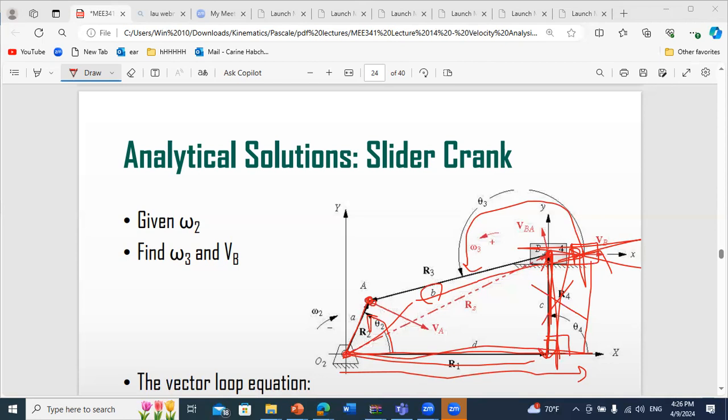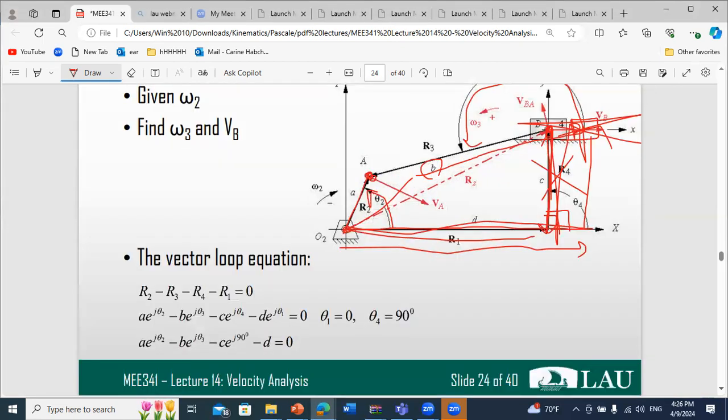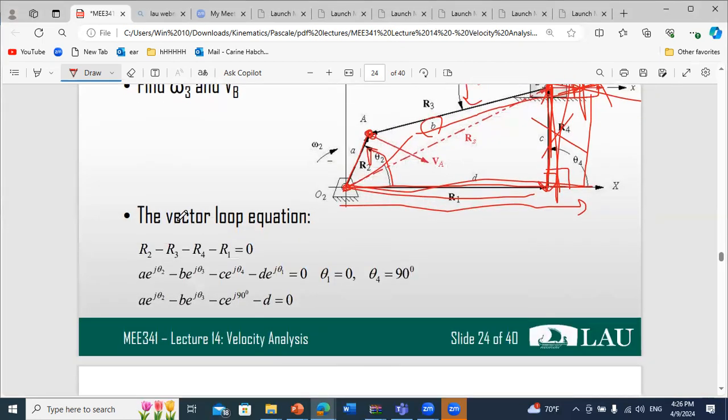Okay, so now if I write the loop equation, I have R2 minus R3 minus R4 minus R1 equal to 0. And I write the expressions of my vectors. For the first vector, the magnitude is A, the angle is theta 2. So in exponential form, I have A e^(j theta 2). For the second one, the magnitude is B, the angle is theta 3. And since I want to do minus R3, it's minus B e^(j theta 3).